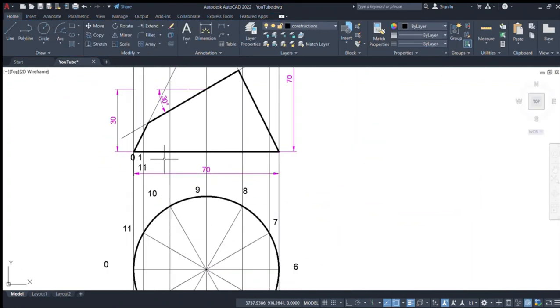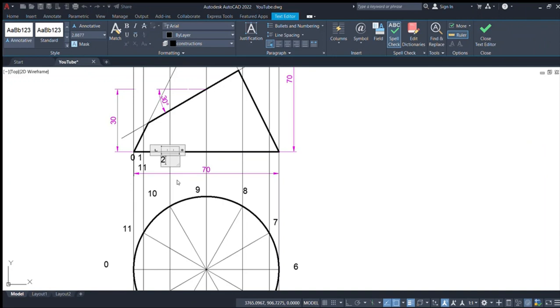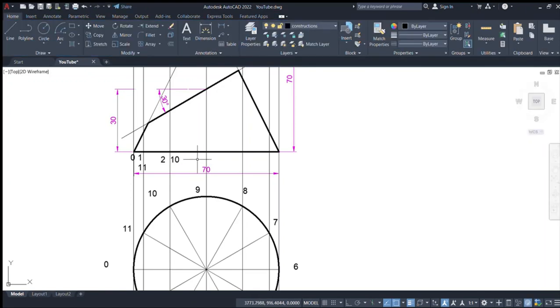The other one is 2 and 10. Then this is 3 and 9.